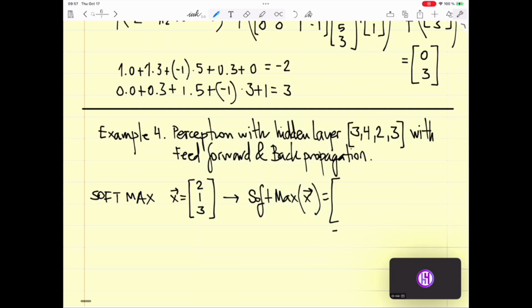So the sum of all elements is going to be 1. So you get 2 divided by 2 plus 1 plus 3, 1 divided by 2 plus 1 plus 3, and 3 divided by 2 plus 1 plus 3.